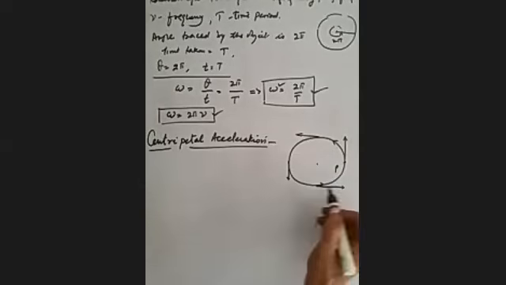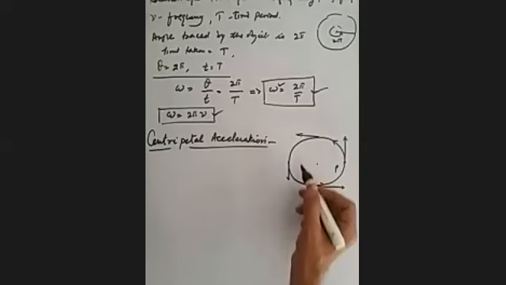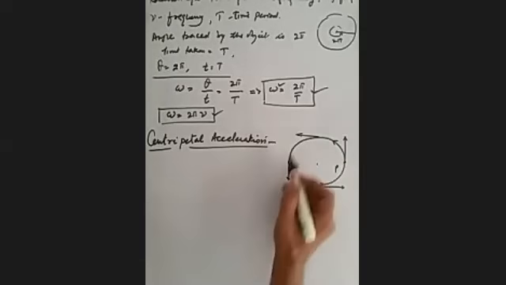So whenever there is a change in velocity, it means either a change in the magnitude of velocity or direction of velocity or both. So in this case, the velocity vector direction is changing. So that means velocity is changing. Whenever there is a changing velocity, we call it accelerated motion.